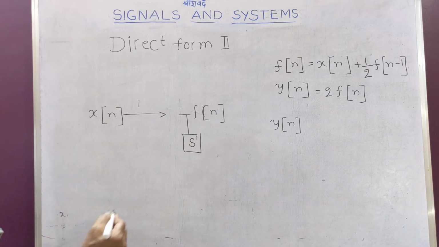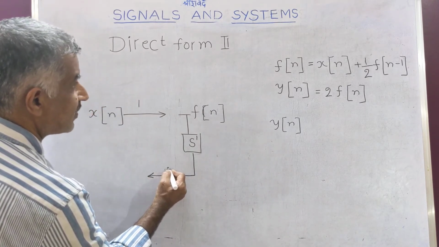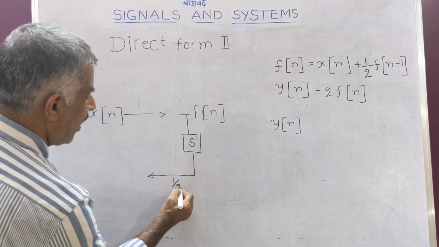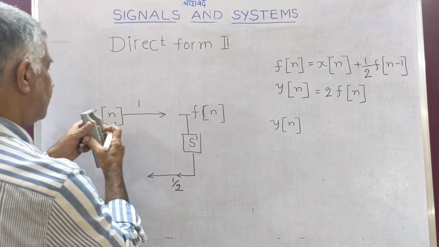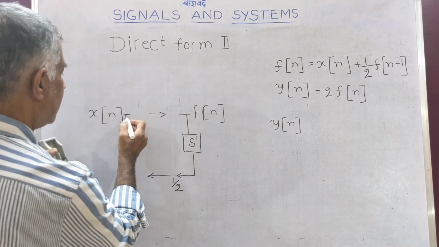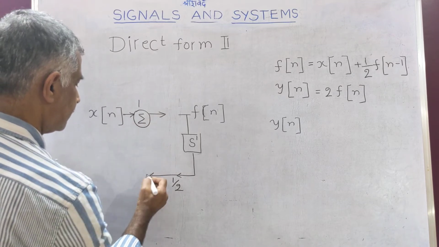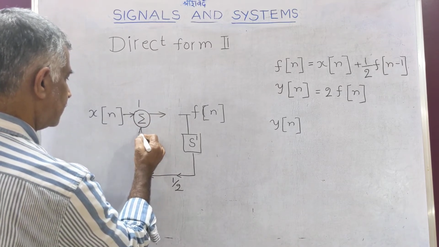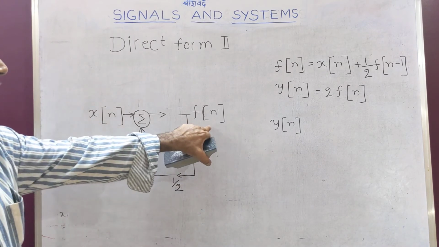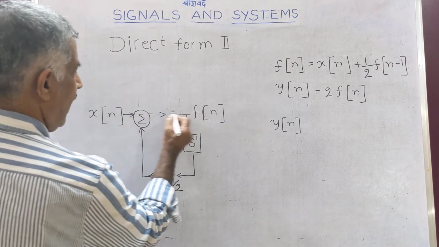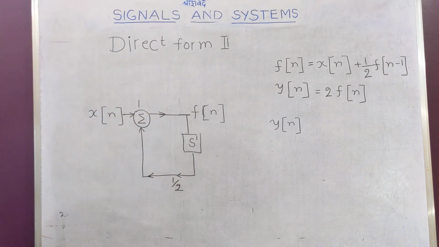This is f of n minus 1. Then multiply with a scalar multiplier half, then give it to a summer: x of n plus half of f of n minus 1, and the summation will give you f of n.